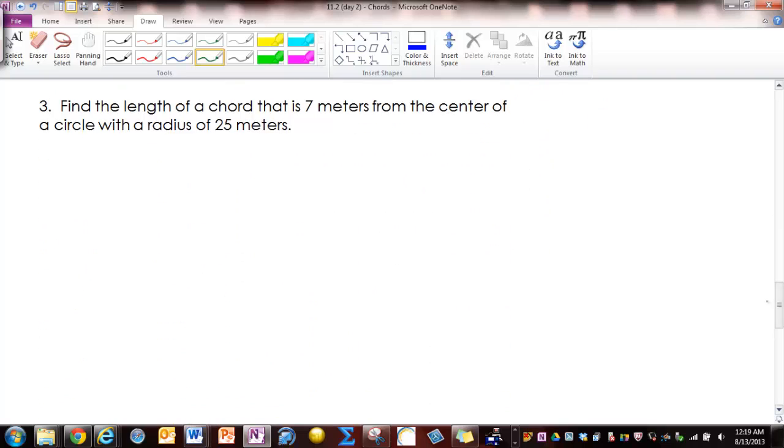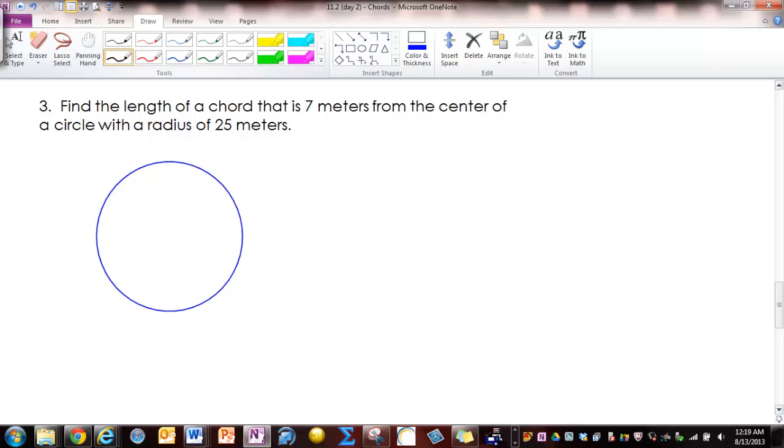Question 3 says find the length of a chord that is 7 meters from the center of a circle with a radius of 25 meters. So we're going to start out here by drawing ourselves a circle to work off of. And we're going to be constructing things that look very similar to what you saw in the last two diagrams.